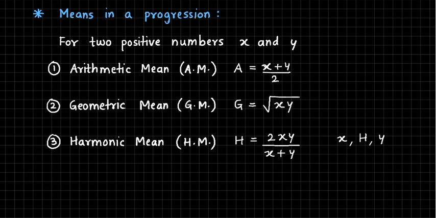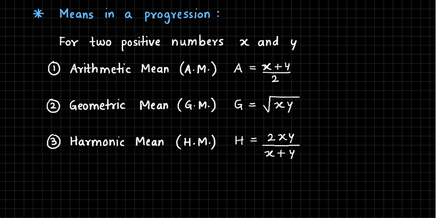As per the definition of harmonic progression, the reciprocals of the terms which are in HP should form an arithmetic progression. So if this second sequence is an AP, then the middle term 1 upon H should be the arithmetic mean of 1 upon x and 1 upon y. Using the formula that we saw for arithmetic mean, we can rearrange and finally get the expression for harmonic mean H as shown here, that is 2 into x into y whole upon x plus y.